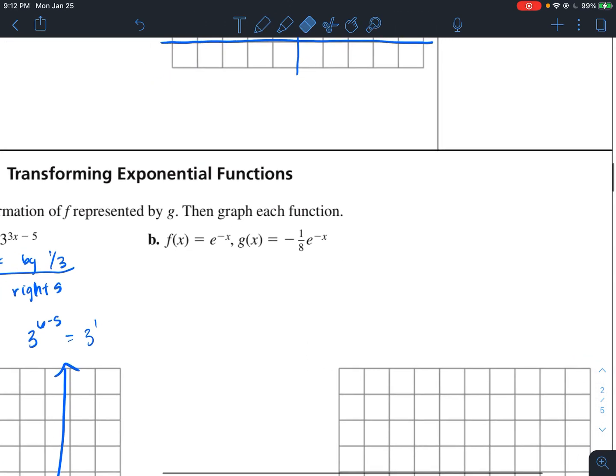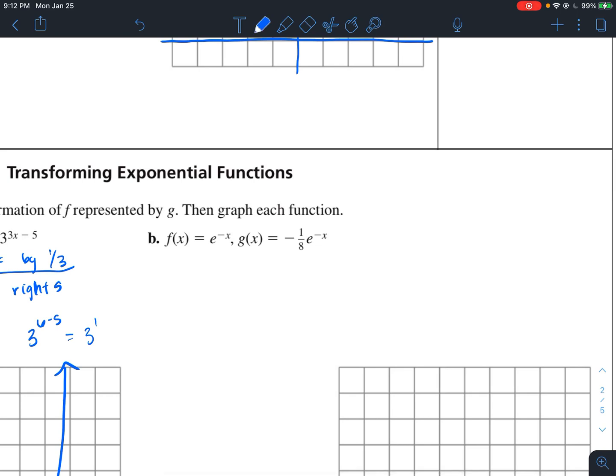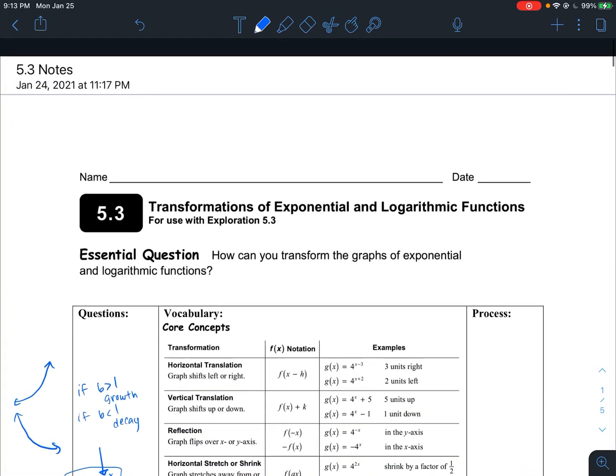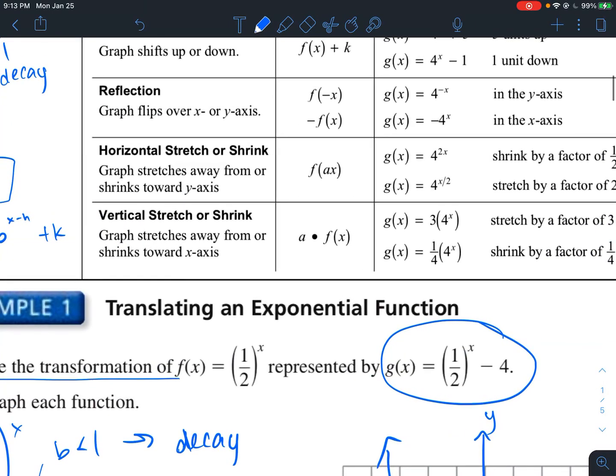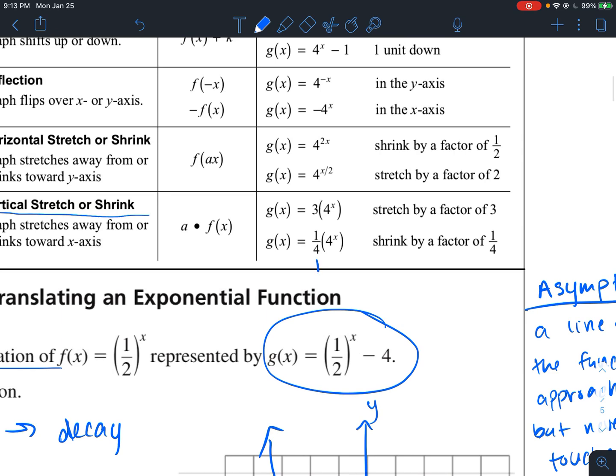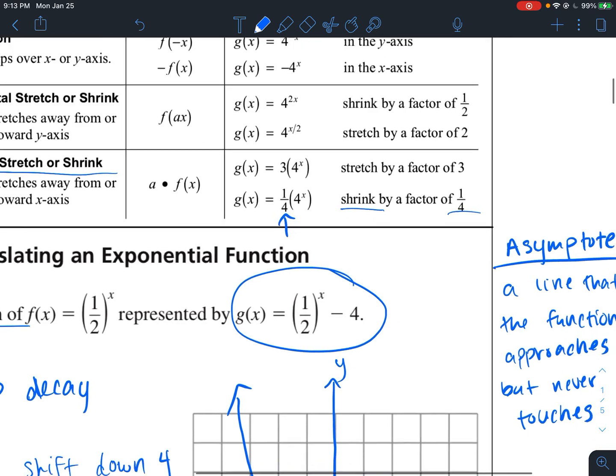Now from f to g, we're multiplying it by negative 1/8. So this is an outside operation. If we're multiplying outside, this is going to be a vertical stretch or a shrink. And right here, it's by 1/4, which means it's going to be a shrink by 1/4, but in our case, it's 1/8.